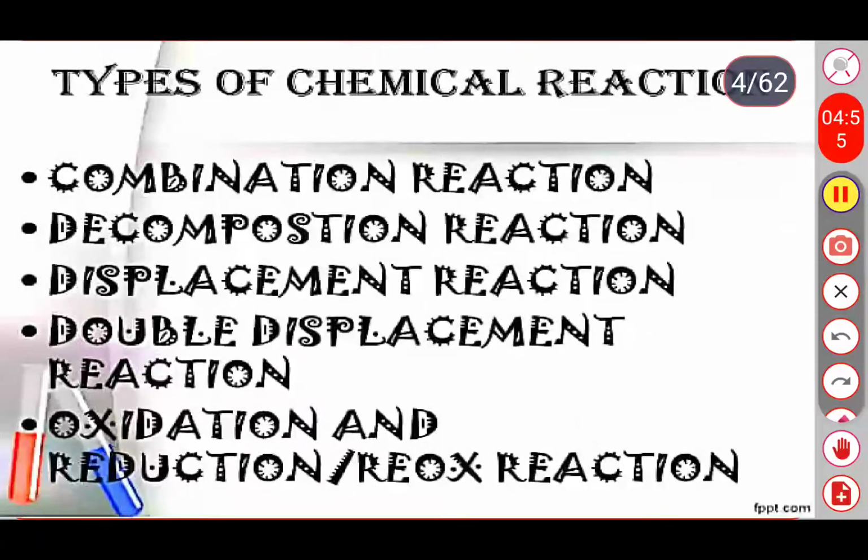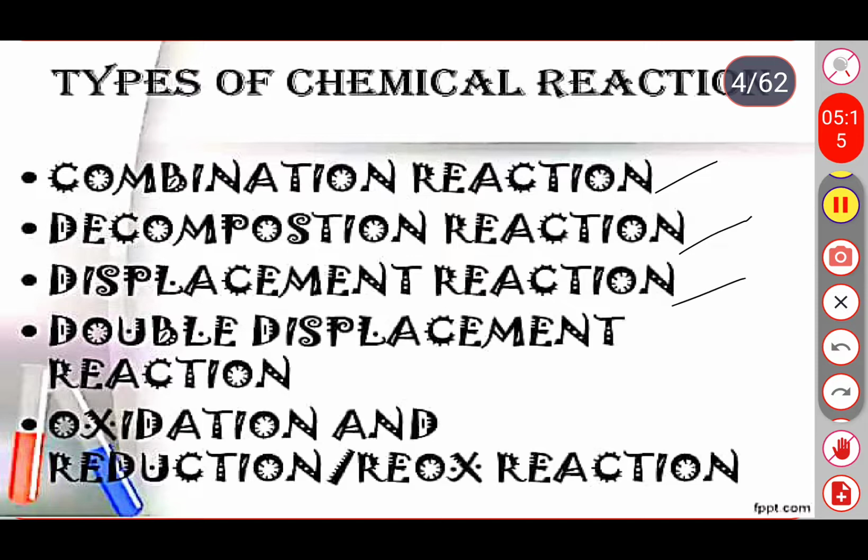combination reaction. The first type is combination reaction, the second type is decomposition reaction, the third type is displacement reaction, which we also call single displacement reaction, the fourth one is double displacement reaction, and the fifth one is oxidation and reduction reaction, which we simply call a redox reaction.